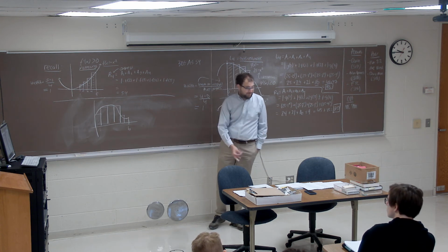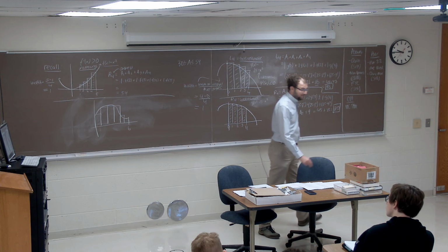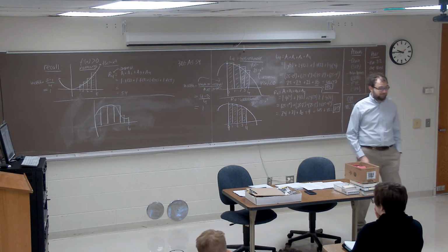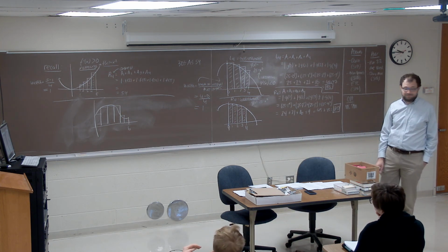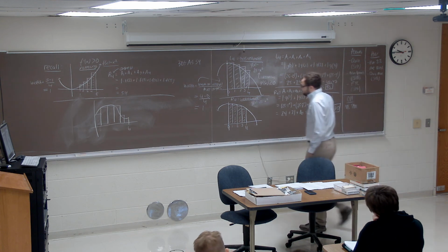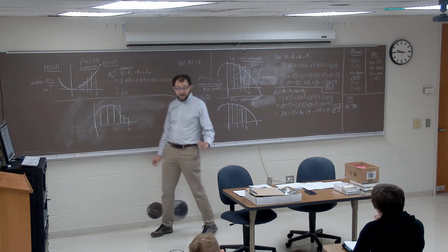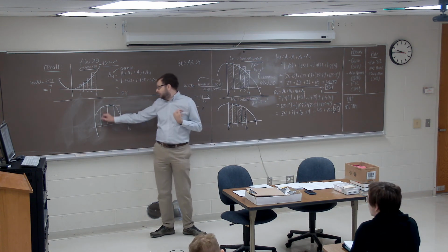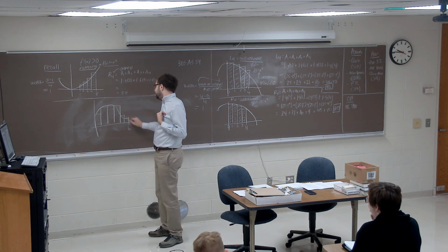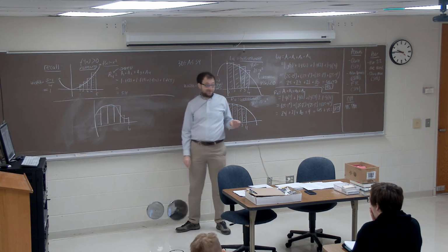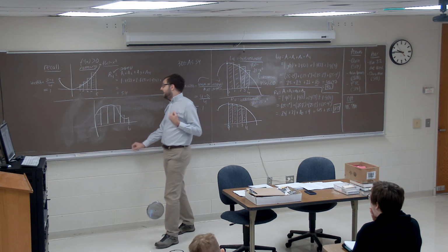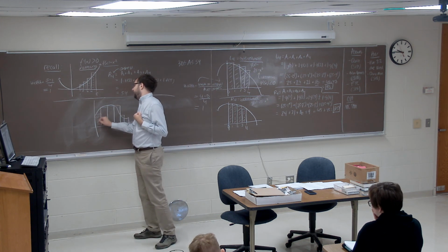Morgan? It's hard to tell. Why is it hard to tell? Because some of the rectangles are overestimates and some of them are underestimates. Yeah, if f of x goes from increasing to decreasing, or vice versa, then some of your rectangles will be not enough area, like these first few.